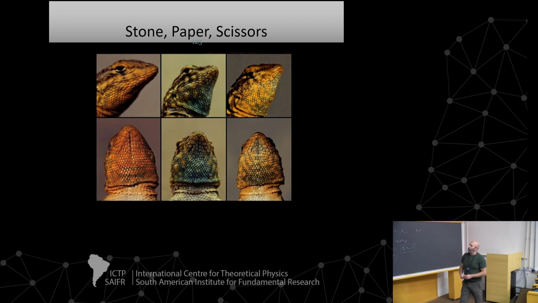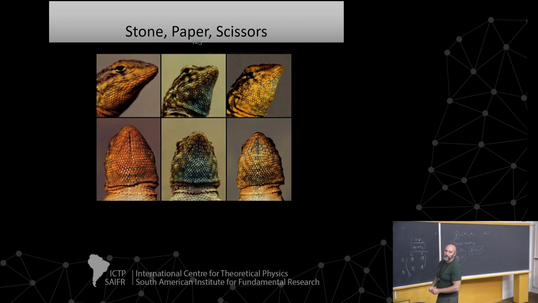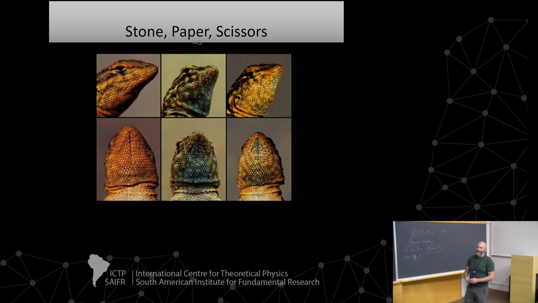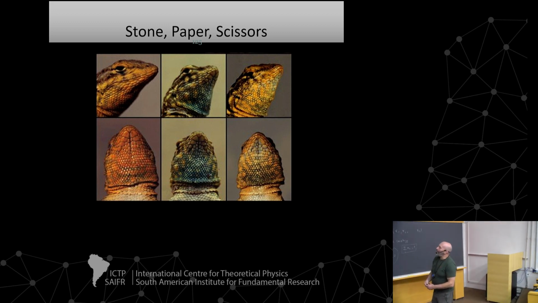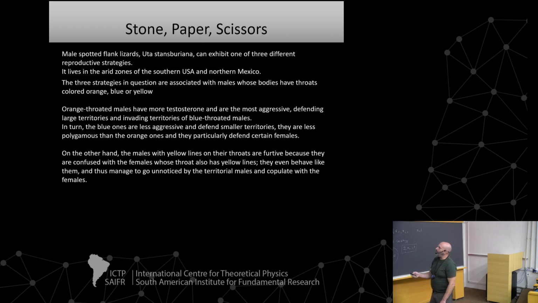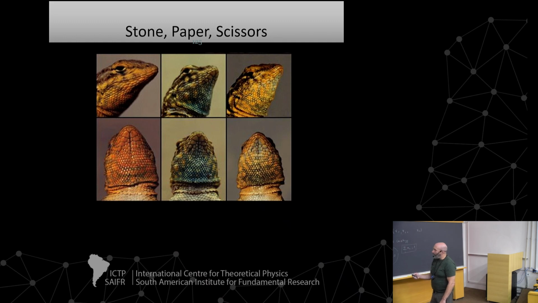Okay? Just to finish, I wanted to show you a real example of lizards playing the scissors, rock, and paper game. This is a species of lizard where the male may have 3 different colors on the head. For example, this is orange, this is blue, and this is yellow.